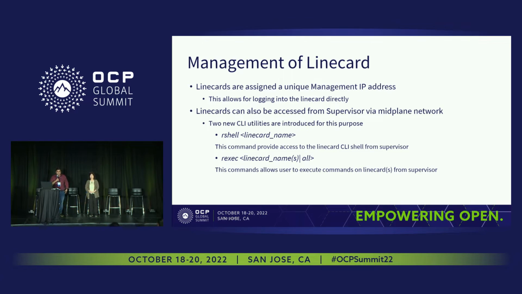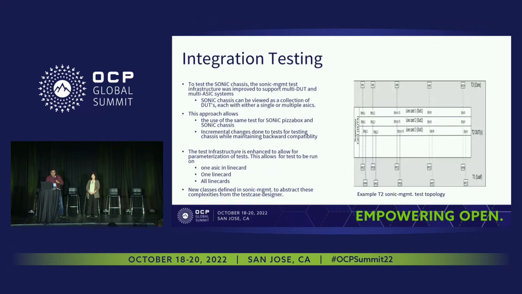So leveraging this, we will be developing new CLI utilities where we could execute remote commands on each line card or on all the line cards from the supervisor itself. This will be helpful for automation frameworks to get information at a chassis level rather than the line card level. So these are some of the new things we could do by leveraging the internal midplane network.